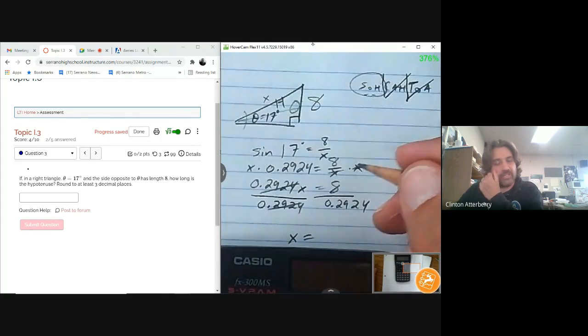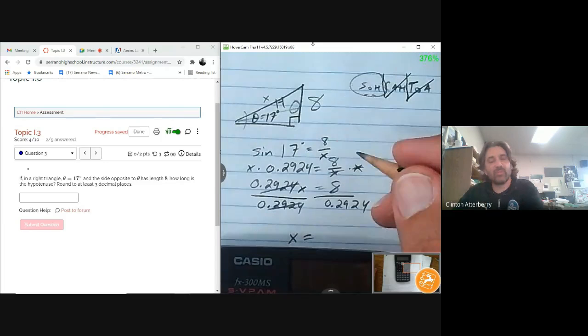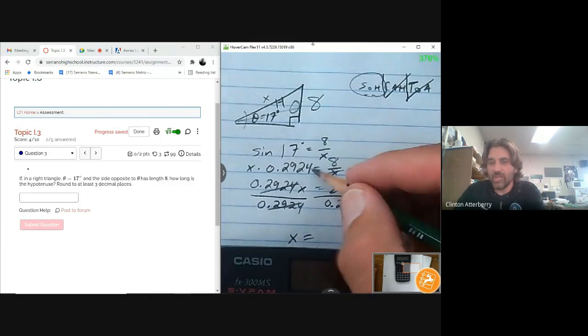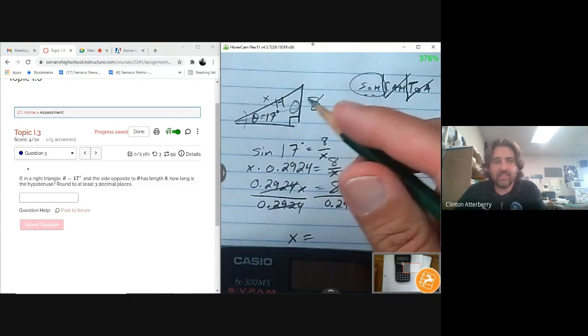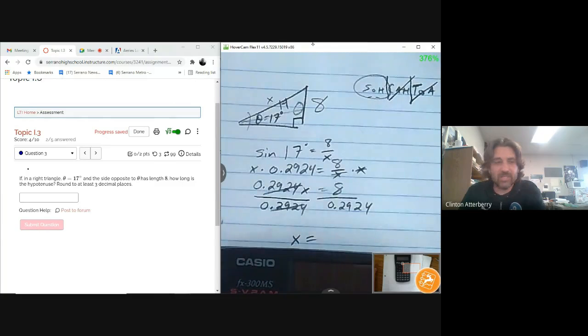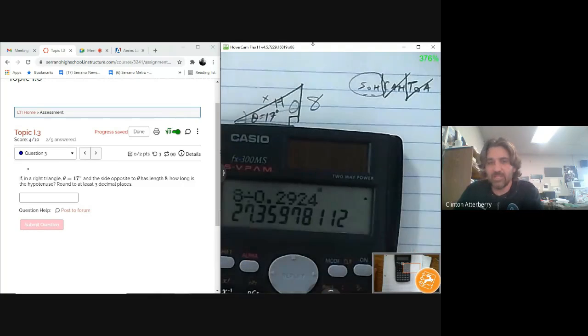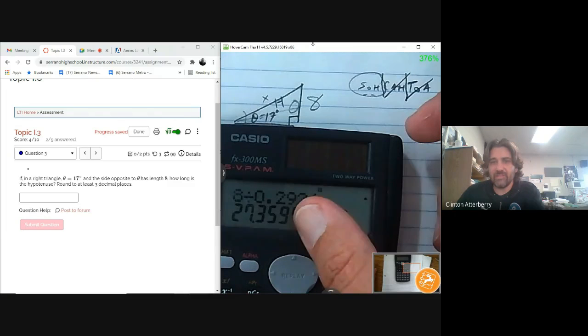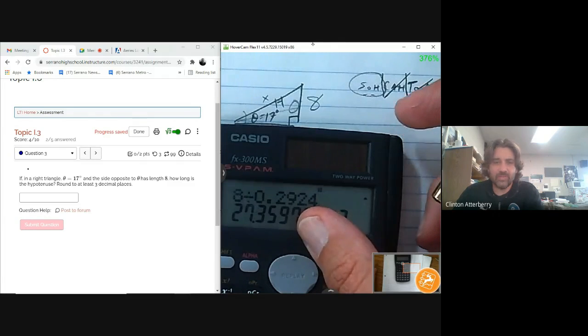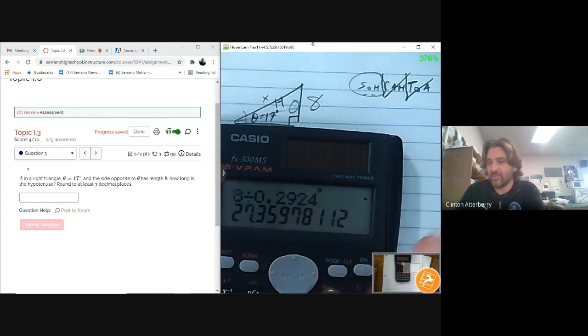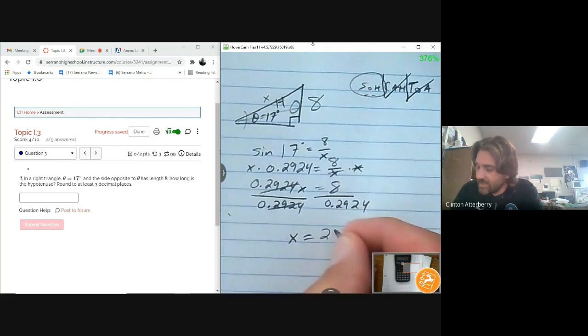Now, when you do your sine, cosine, tangent, it's always recommended to do at least 4 decimal places. That's what we just did. But when you're finding a side length, it's recommended to do 1 decimal place. Here it says round to at least 3 decimal places, so we're going to do 3 decimal places, which gives 27.359. But the 4th number is a 7, so we round that up, which means it's 27.360.